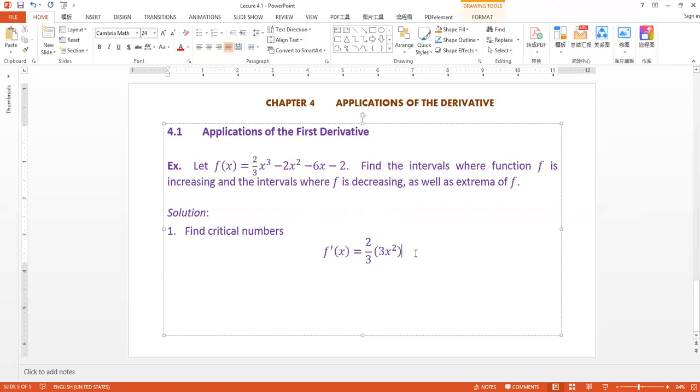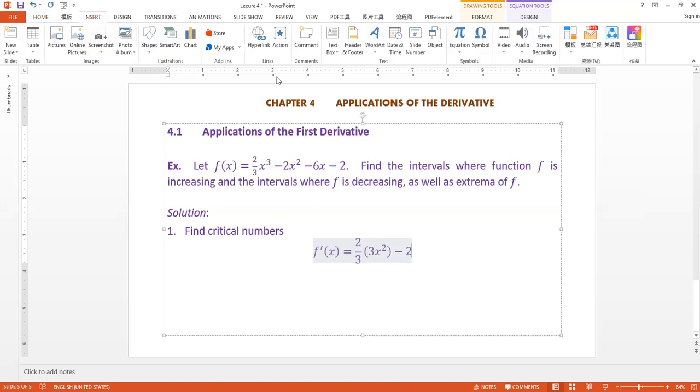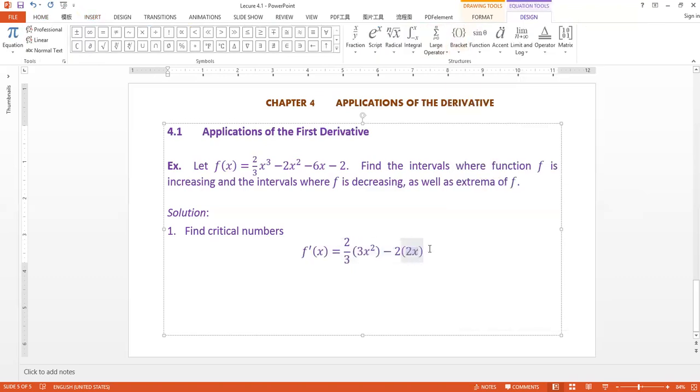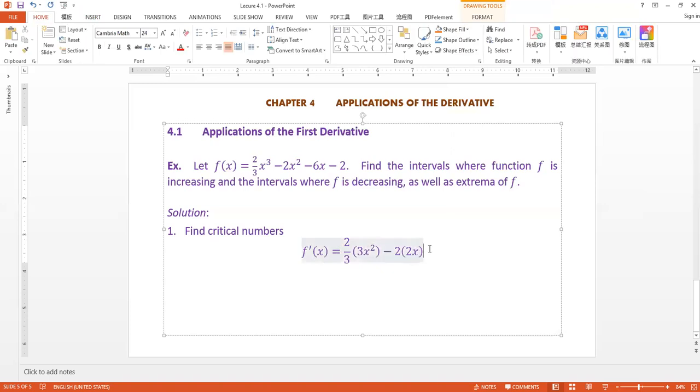And then the second term is 2x squared. So we got a 2 times the derivative of x squared, which is 2x. Just use the power rule. And then the derivative of 6x is just 6, and the derivative of 2 is 0. So we got that.